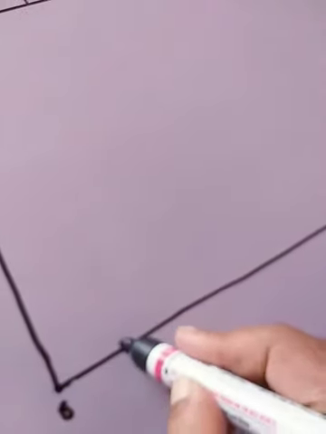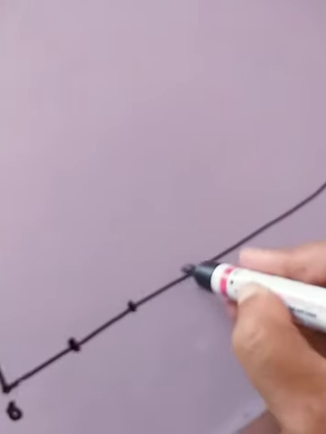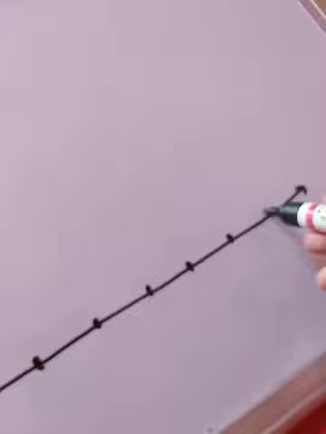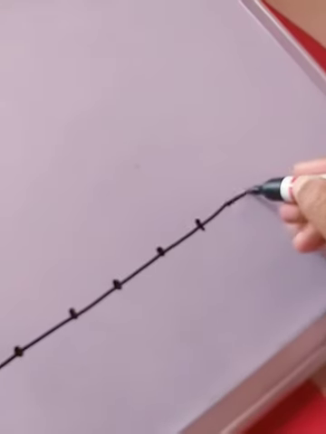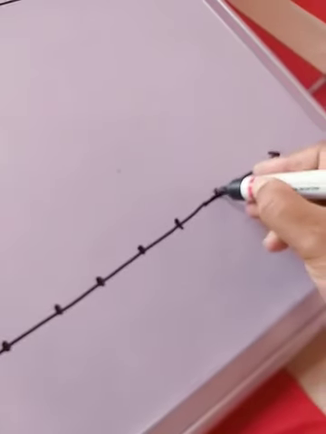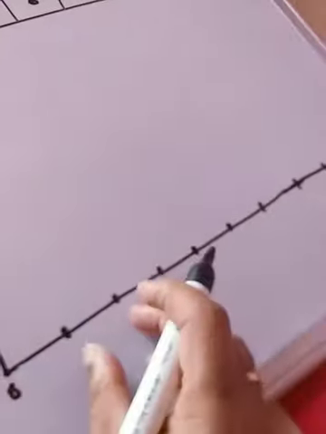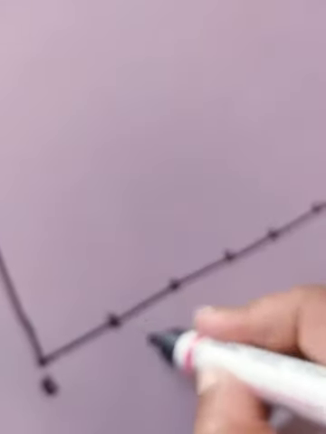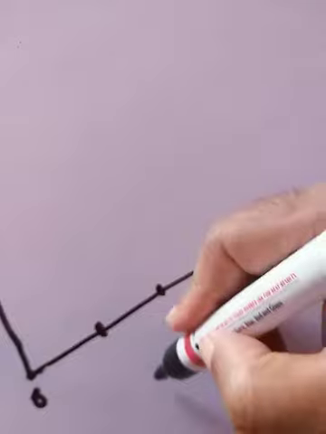So for the events, just make a mark. You have to be careful that the markings should be of equal length. Okay, so the first event is sleep, so you will write sleep here.